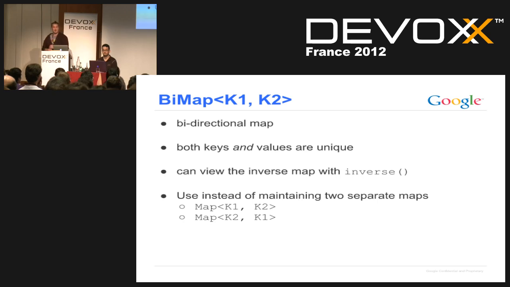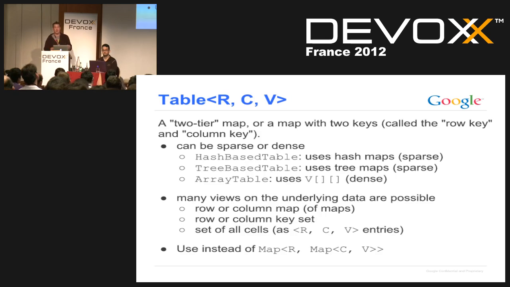And finally, table. This is basically a two-tiered map, or you can think of it as a map with two keys. You can think of it very similar to a table where you have a row and a column, and these tables can either be sparse or dense. A hash-based table is going to be backed by two hash maps, which will be a sparse table, and a tree-based table will be backed with two tree maps, which will also be sparse.